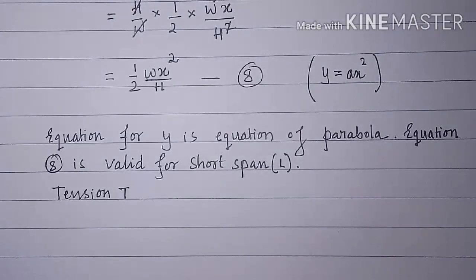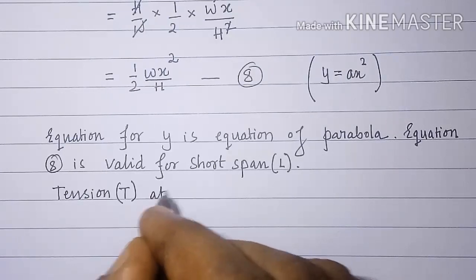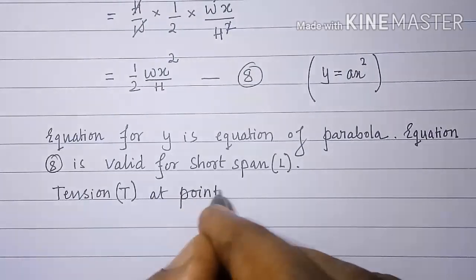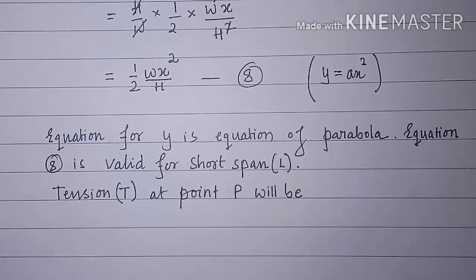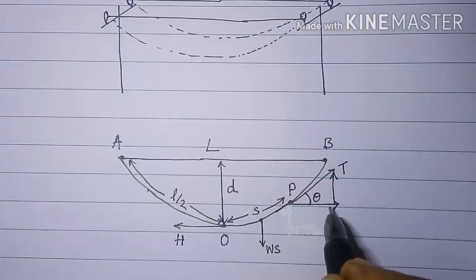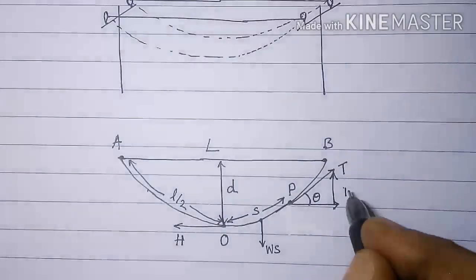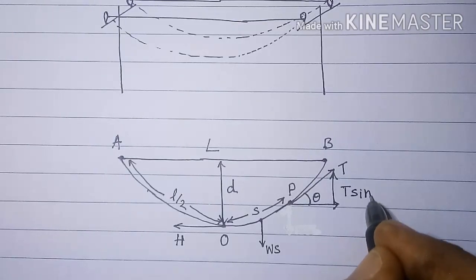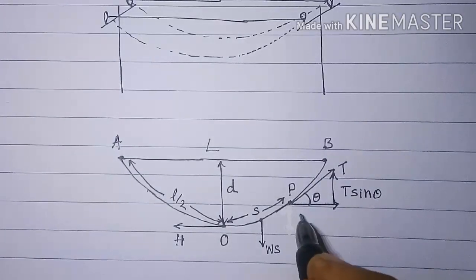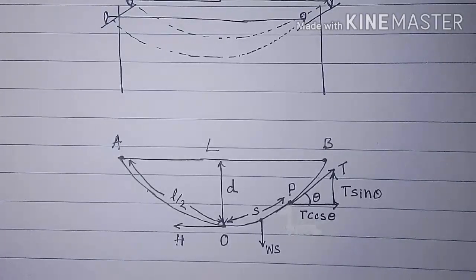Tension T at point P will be, that is, in this figure we have to write the expression for capital T. Here the vertical component is T sin theta and the horizontal component is T cos theta.